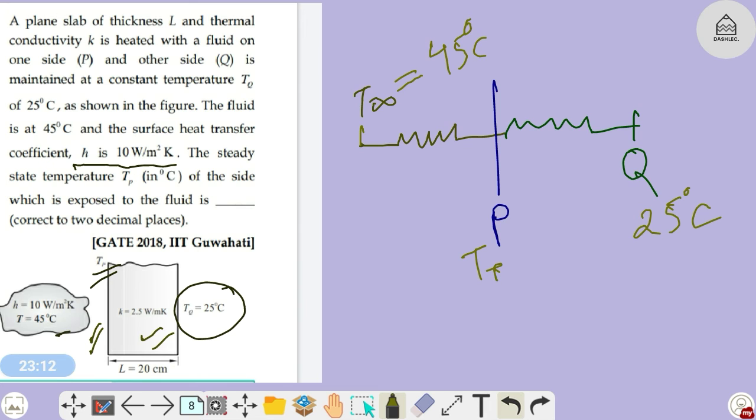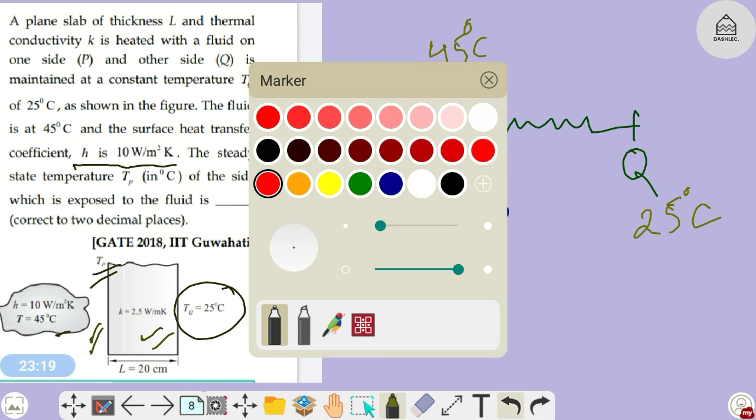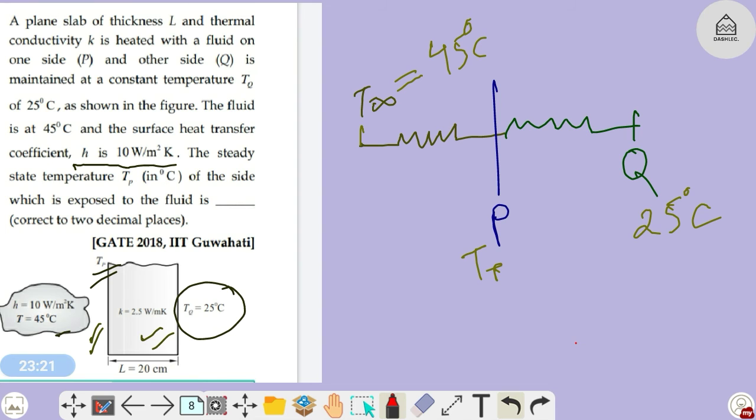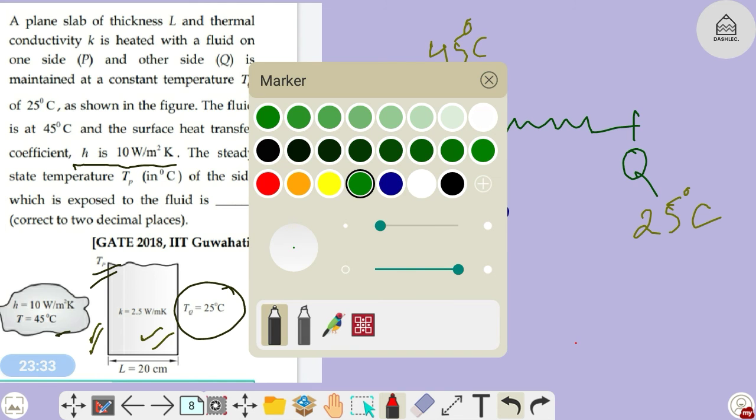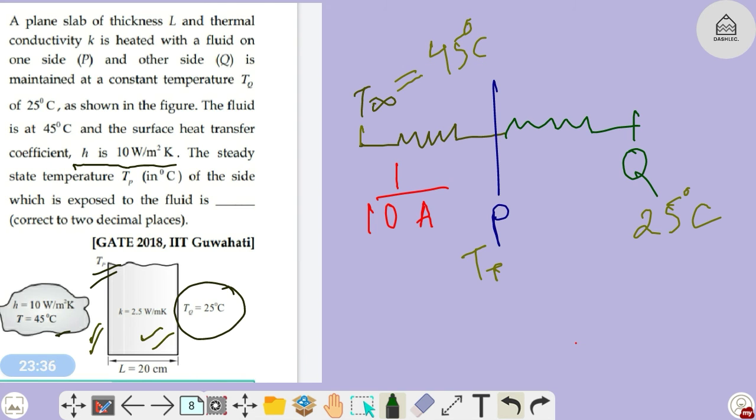The convective resistance will be 1 divided by HA. H is 10 into A. The conductive resistance is always L by Ka, so it will be L, that is 20 cm, that is 0.20 meter, divided by Ka.